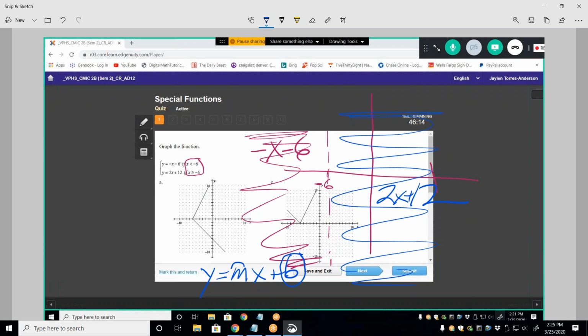M is its slope. So you were talking about the slope, which is fine, but the starting place is B. And in this case, it's 12. Okay? So, yeah, because of this 12 right here. So I'm going to start at 12, which is somewhere up there. Okay? And then I'm going to apply the slope. What's the slope?